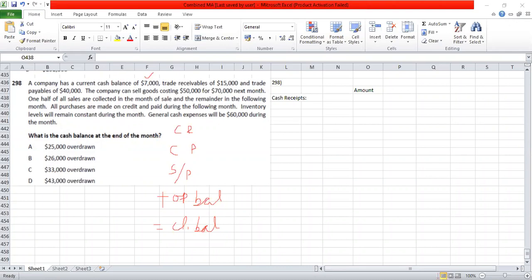So on that note, we see that there is one item called the trade receivables 15,000 and trade payables 40,000. Let's only focus now on trade receivables. Now trade receivables, what does it mean? Amount which was not received by the end of the period. So last month when they close the accounts, by the end of last month, they see that one part of the amount is still not received from the customers.